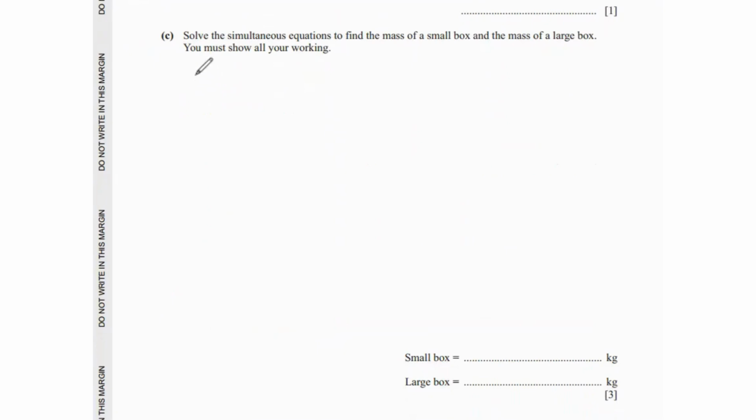So first equation was 2x plus 3y equals 15. And then we have 6x plus y equals 13. You can solve these simultaneous equations using the substitution or the elimination method. I'm going to use the substitution method for this because over here we can make y the subject in the second equation.